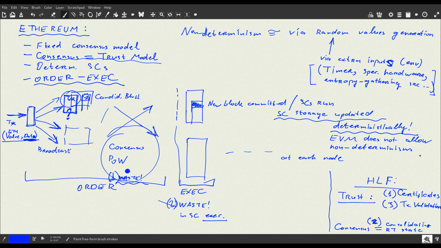And in this case, actually, we are following the more traditional order and then execute sequence, like in Ethereum, plus certificates, plus only deterministic sources of information. And this allows us to formally verify that, for example, consensus really results in state convergence across all nodes.